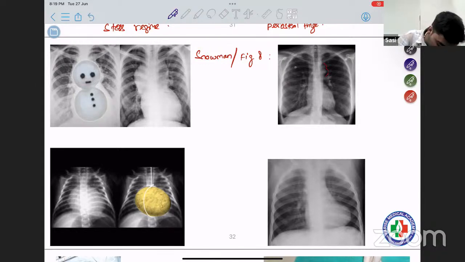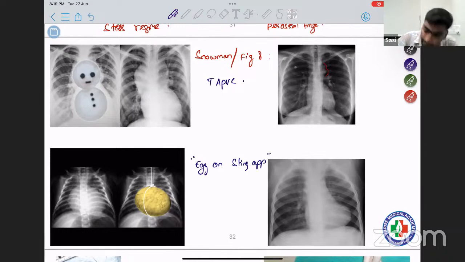In which condition will you see this egg on string appearance? Yeah, you will see this egg on string appearance in a case of transposition of great arteries.